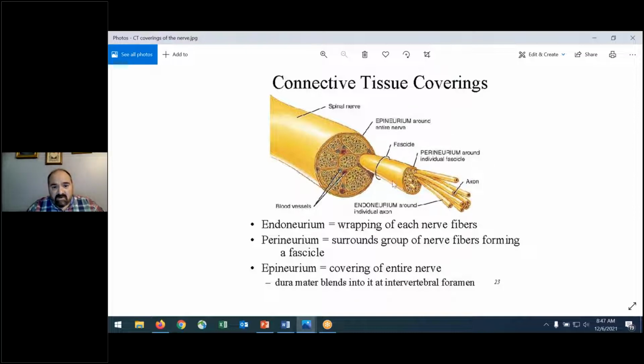The nerve is composed of fascicles, and each fascicle is composed of axons. The fascicle itself is covered in perineurium, and the individual axons are covered in endoneurium. We're not talking about the insulation of whether they're myelinated or unmyelinated. That's not here. We're talking about connective tissue protection of the nervous system structures. So again, I'll post this for you all.